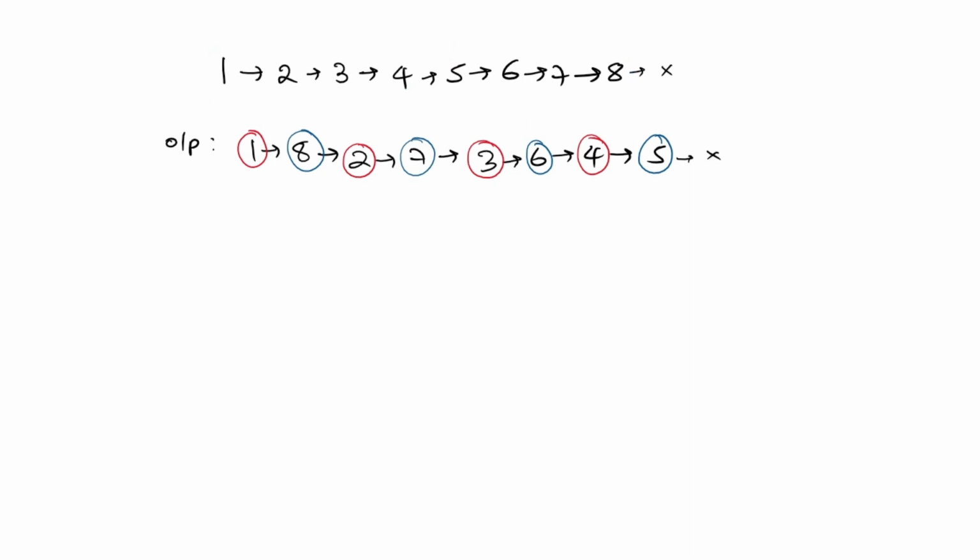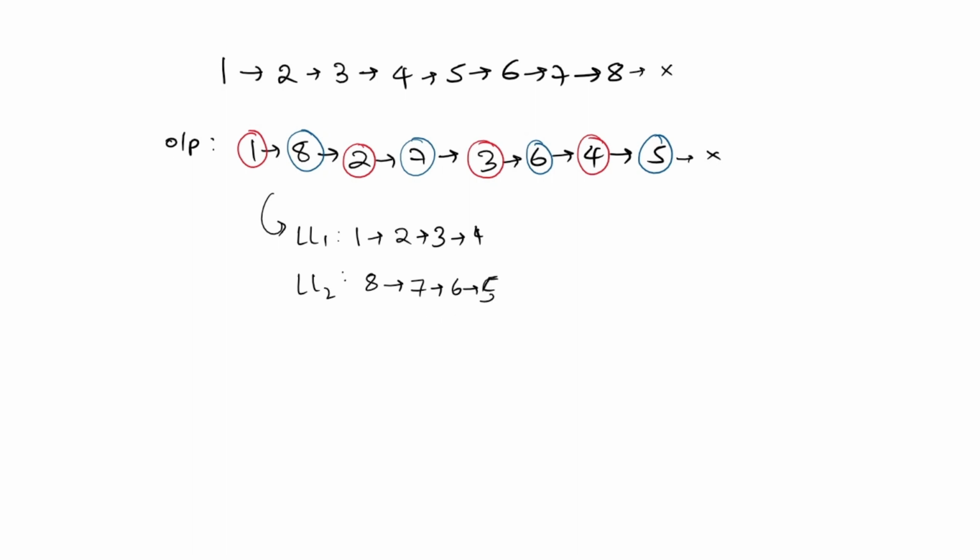What I want is to make two linked lists, linked list 1 and linked list 2. The first linked list would have elements 1, 2, 3, 4, and the next should have 8, 7, 6, and 5.